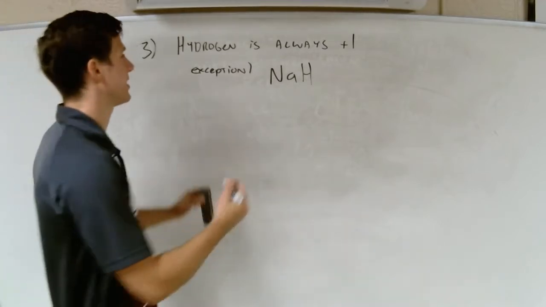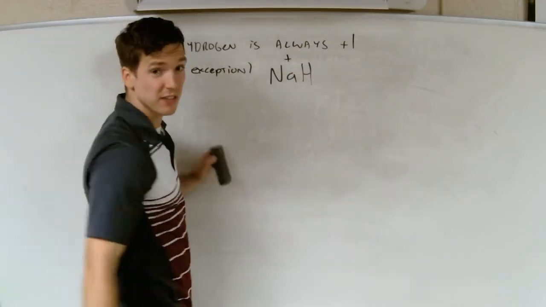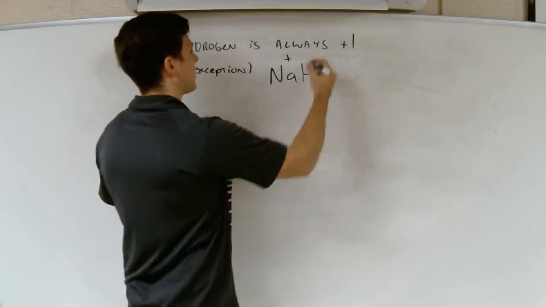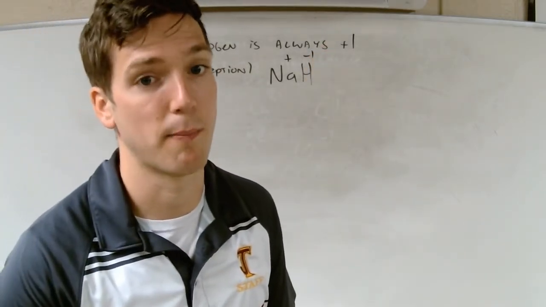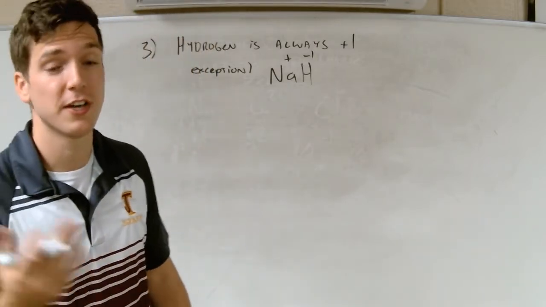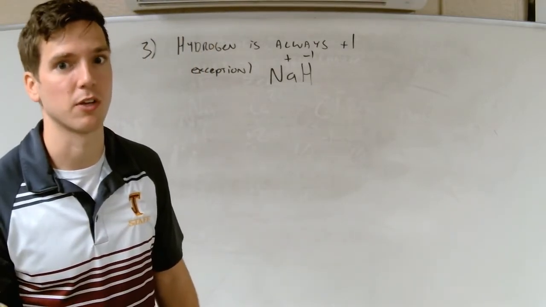In this situation, Na has a +1 oxidation number, and hydrogen has a -1 oxidation number. That's the only time you'll see hydrogen having a -1 oxidation number. The rest of the time, it's +1.